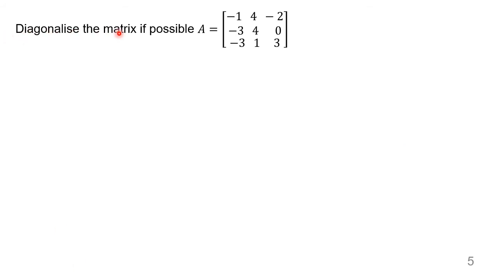We need to diagonalize the matrix A given as minus 1, 4, minus 2, minus 3, 4, 0, minus 3, 1, 3. First, let us find the eigenvalues using the characteristic equation. Determinant of A minus lambda I is equal to 0.